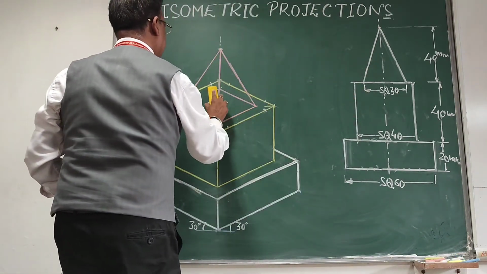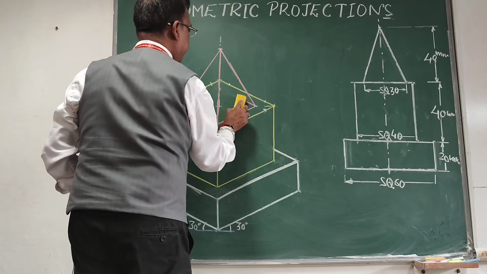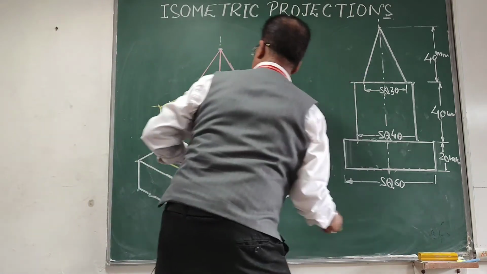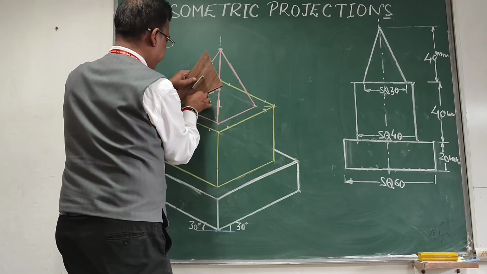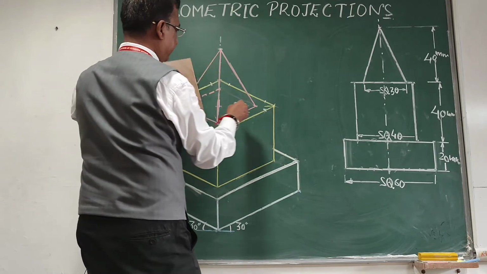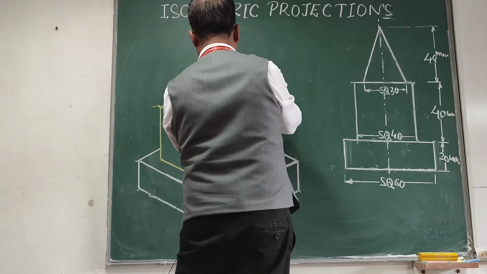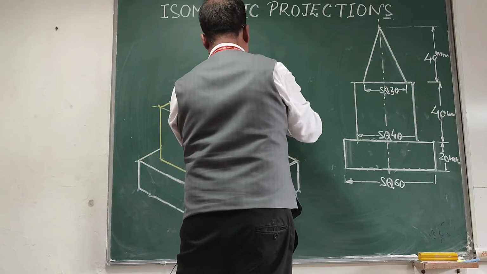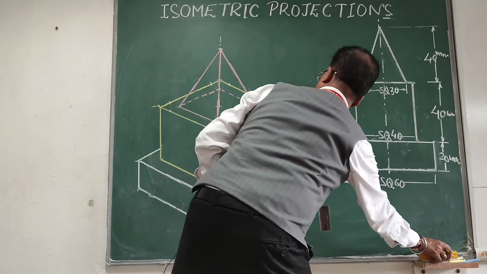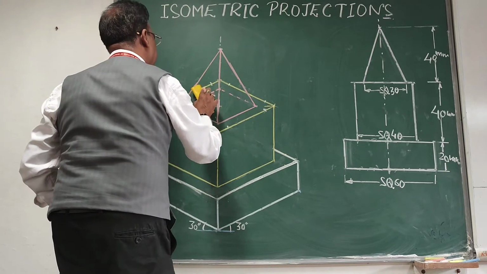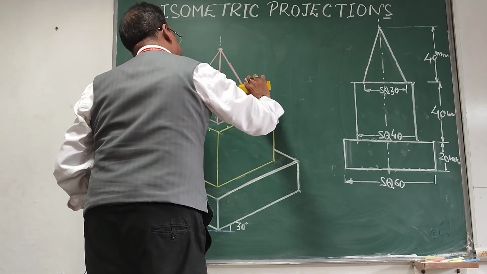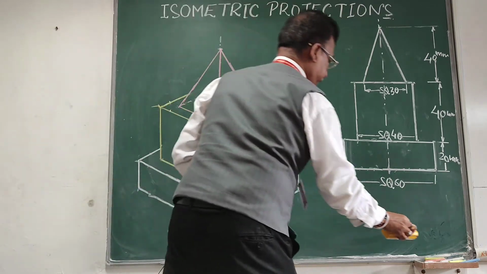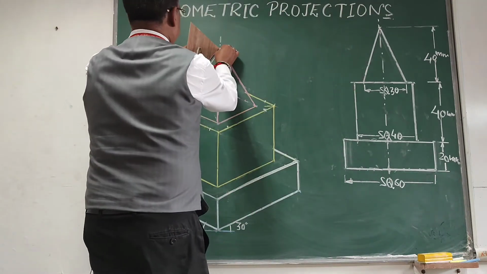Again this time show these lines by dotted line. If I rub this portion also, now look at the arrangement.